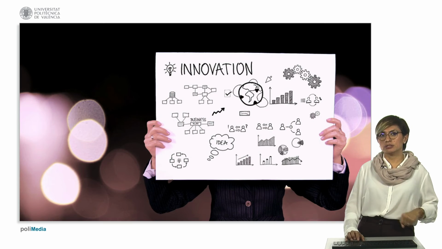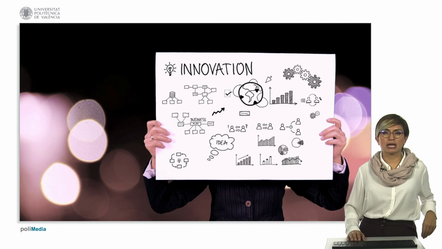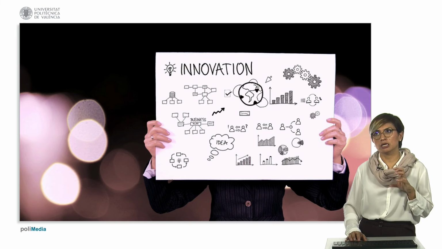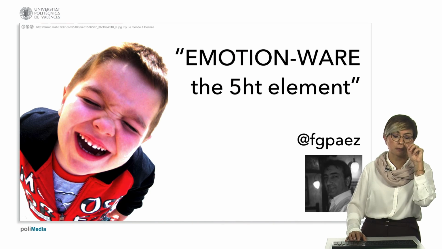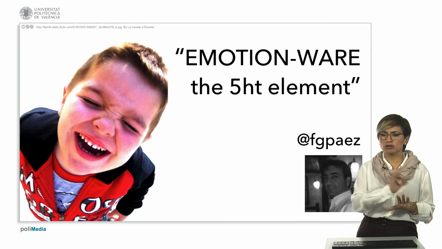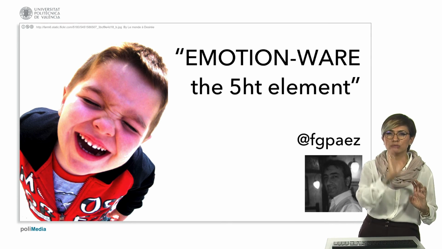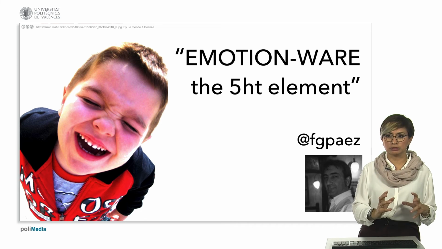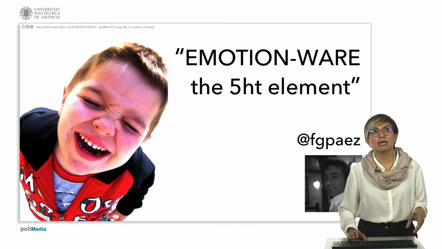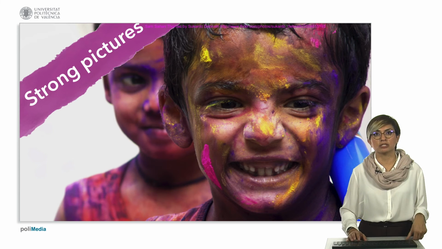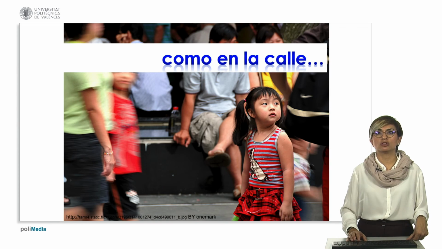What about pictures? Pictures are always trying to help us to make more impact on our audience with our message. In the other video, we said emotional messages are important, and pictures help us to create a more emotional context in our slideshow. Try to use strong pictures.